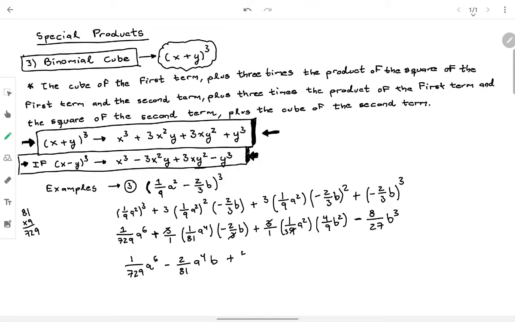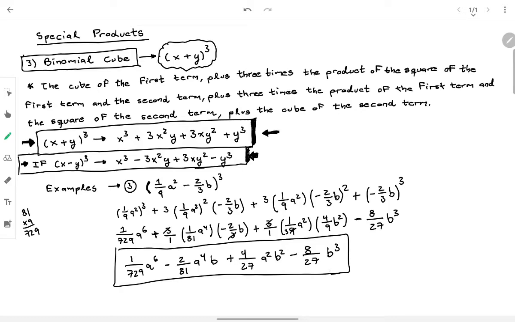So it will be 4 over 27 a squared b squared minus 8 over 27 b cubed. And this is going to be our final unordered answer of this binomial cube with fractions.